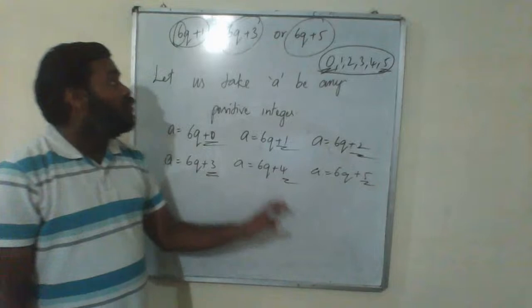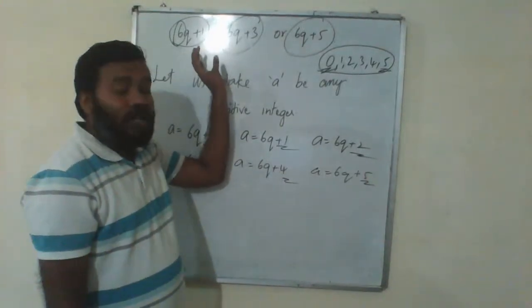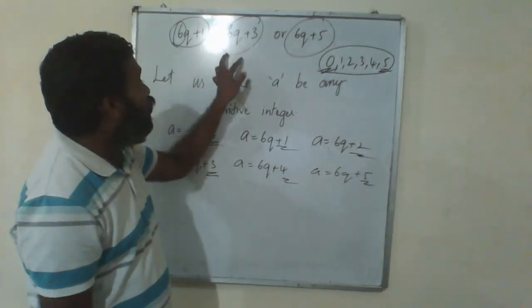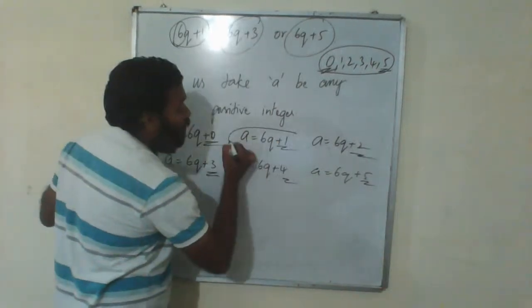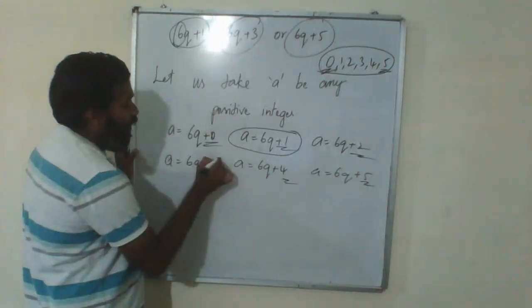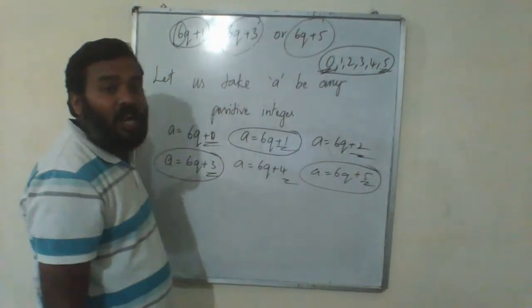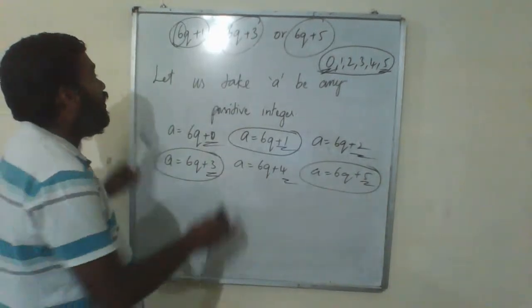So we have been asked to show that the positive odd integer should be in the form of 6q plus 1, 6q plus 3 or 6q plus 5. In this we have to show that each of these is an odd integer. How can we show that these are odd integers?